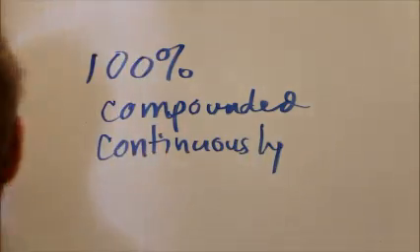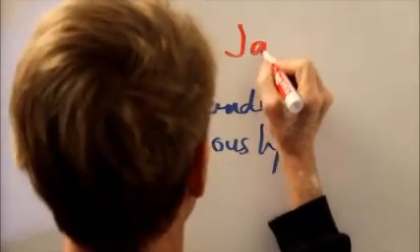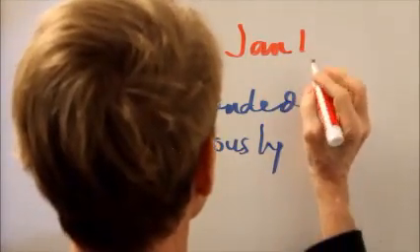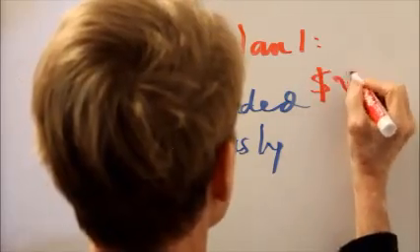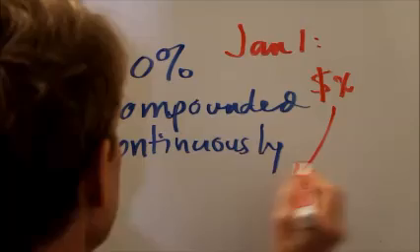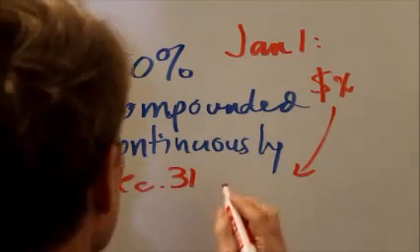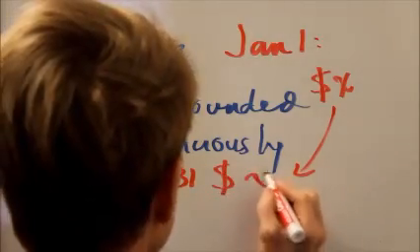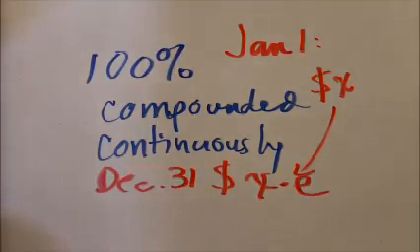Now suppose that on January 1st, you put in X dollars. Then on December 31st, you're going to have X times e dollars.